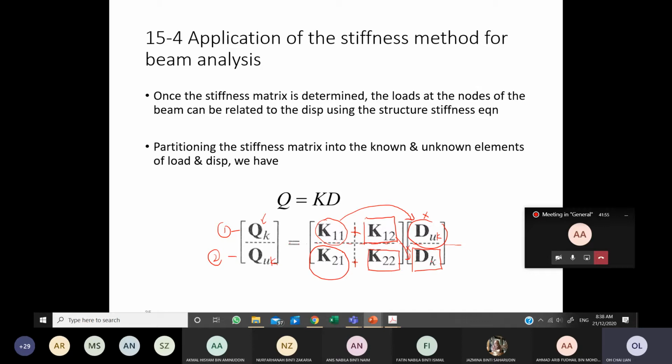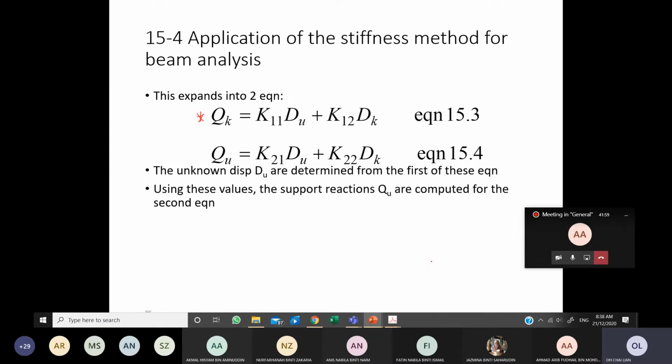Once you have gathered all these equations, you solve the simultaneous equations for the unknown displacements first. Once you solve for those, you can solve for the Q unknown. This is the process.